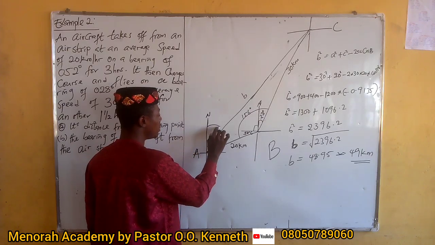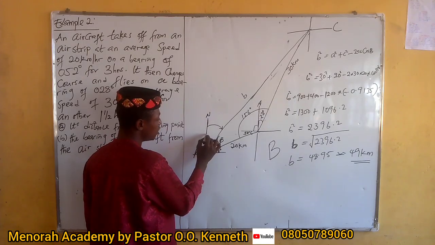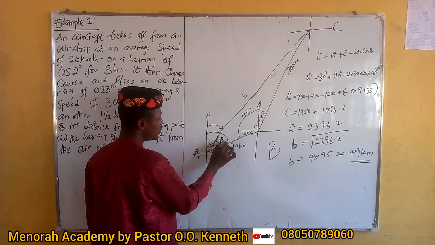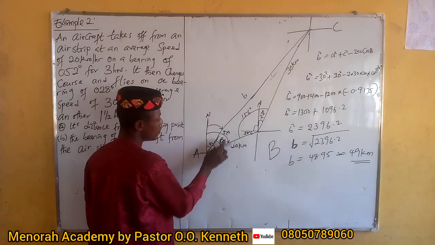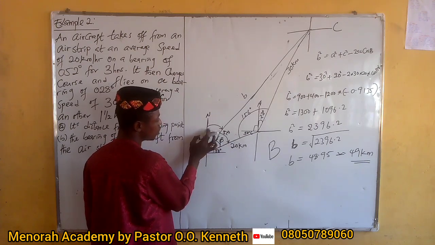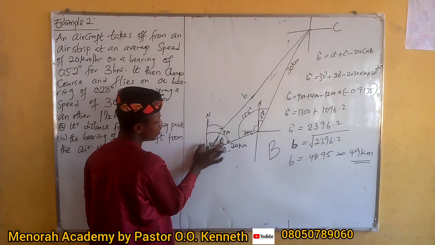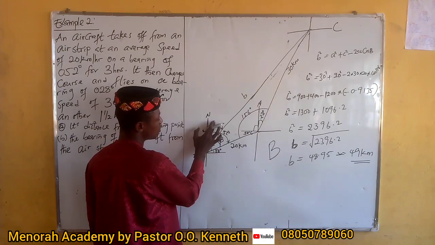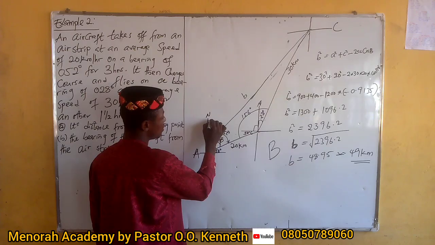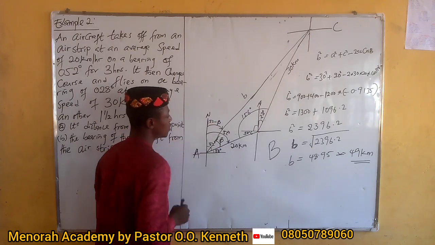The bearing is from here to here, but from this particular place down to this place is already 52 degrees. So if we find beta, the remaining part will be 52 minus beta. Now let's go and find beta.